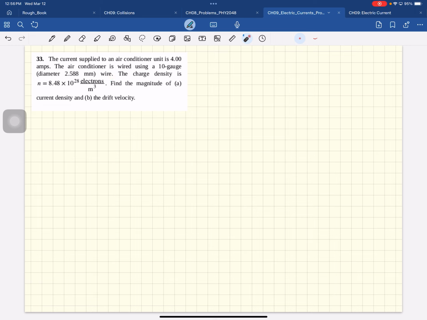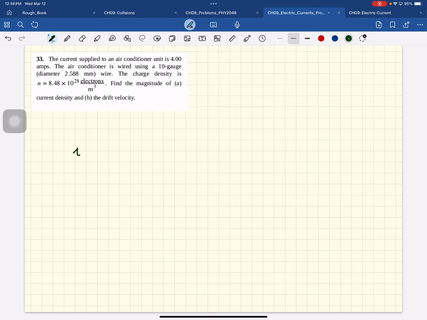In that wire material, every meter cube of that metal will have that many free electrons, 10 to the 29 free electrons. Avogadro's number is 10 to the 24, so 100,000 moles of free electrons. Find the magnitude of the current density and the drift velocity.